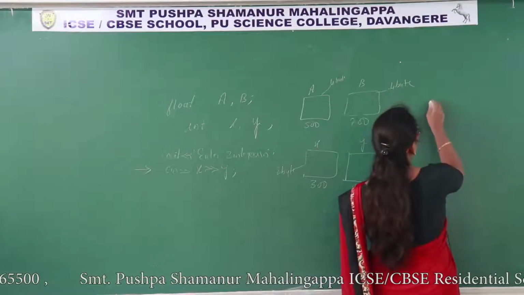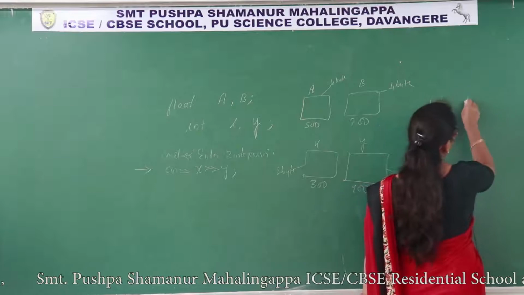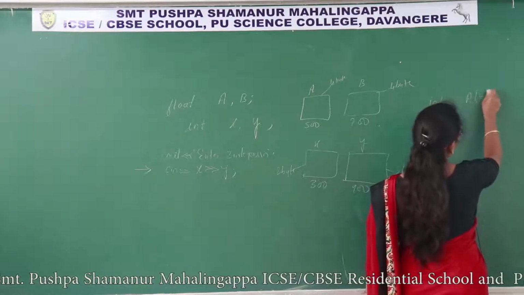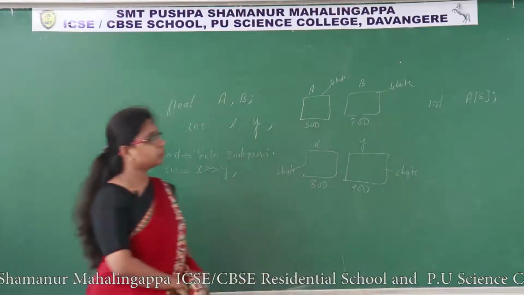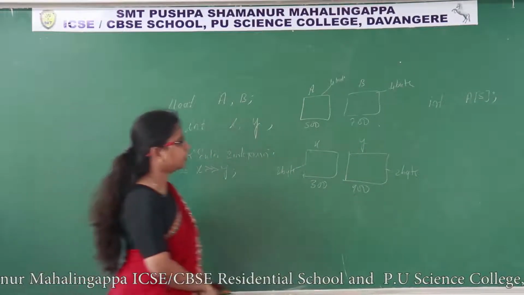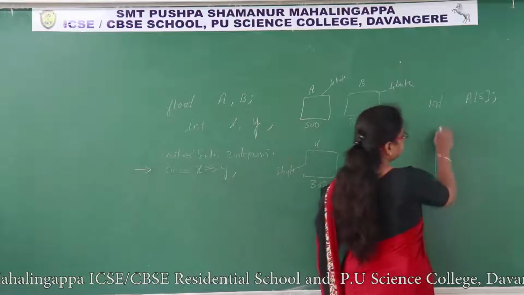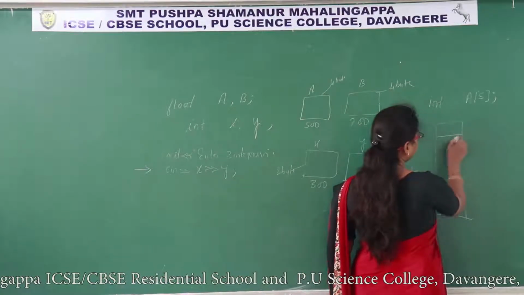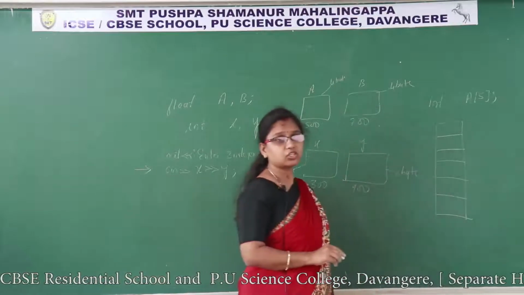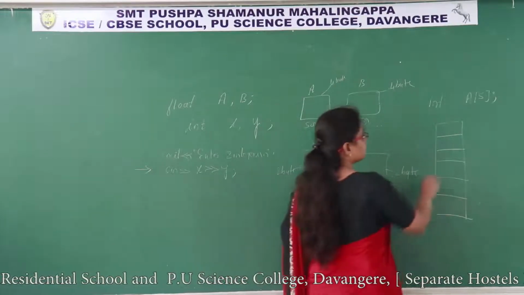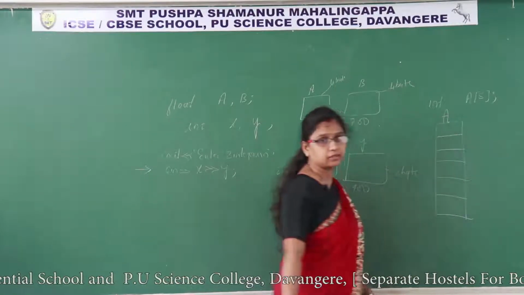If you want to allocate memory for an array, I'll take int a of 5 here, semicolon. Okay, so a of 5, how many bytes? Total 10 bytes. Each element requires 2 bytes. So the name of the array is a.